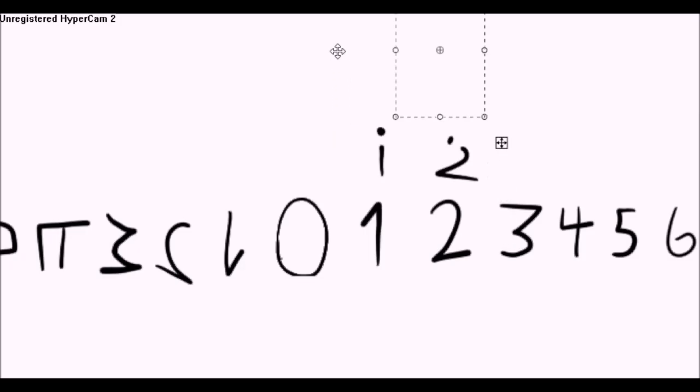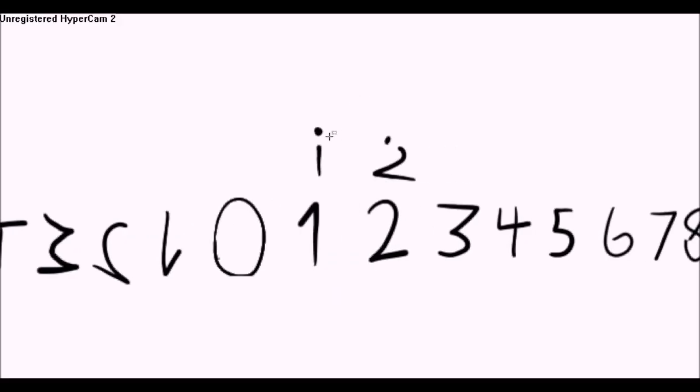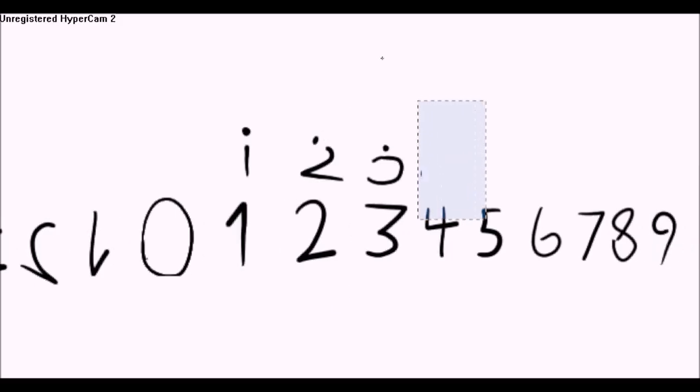Then 2I, the 2 mixed with an I, so there's a dot on the top. 3I is just a 3 mixed with an I, so there's also a dot on the top. The top is replaced with a dot. Now, 4I, it's a 4, but the main central line is replaced with a dot on the top.